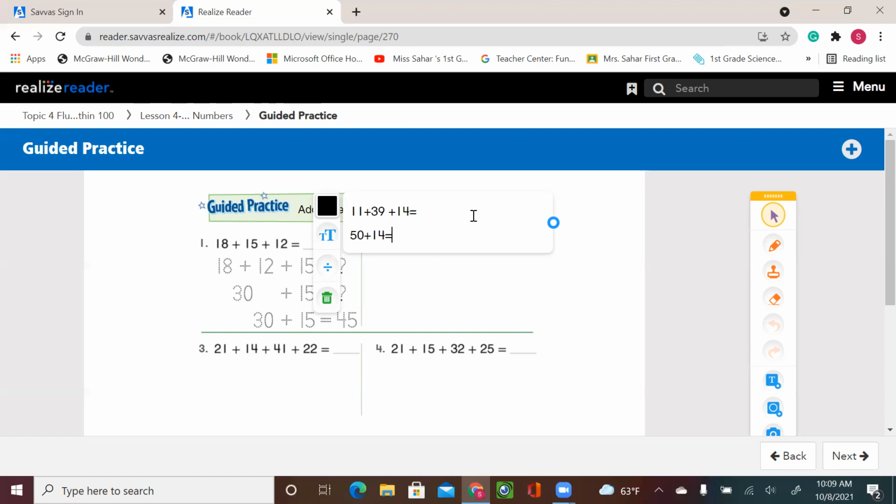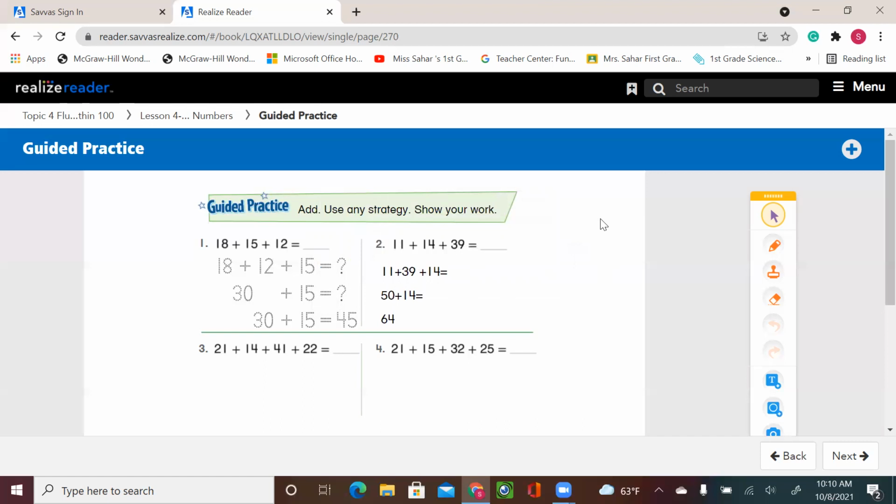Now my equation is easy because I know that I have one of the tens. One of my addends has 0, so I can easily add it. So 50 plus 14 means 5 tens plus 1 ten, that's 6 tens, which is 60 and 4. So my answer will be 64. So let's put it down here.